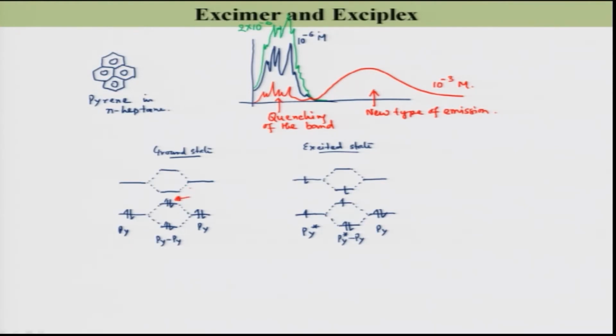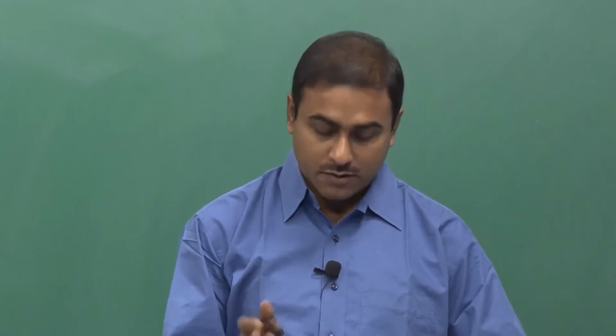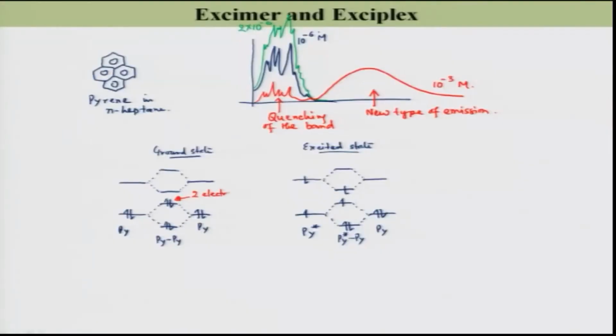If I write this destabilization as unity per electron, then this is -2 because of the 2 electrons, and here 2 electrons are stabilized, so I can write +2 in this case, and here the net stabilization is equal to 0, +2 and -2 equal to 0.